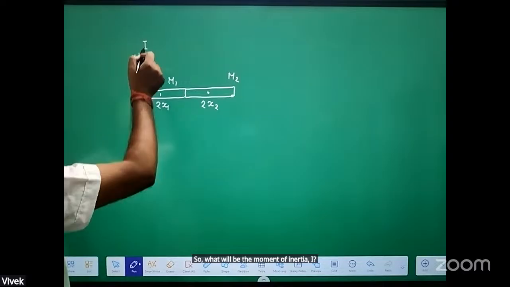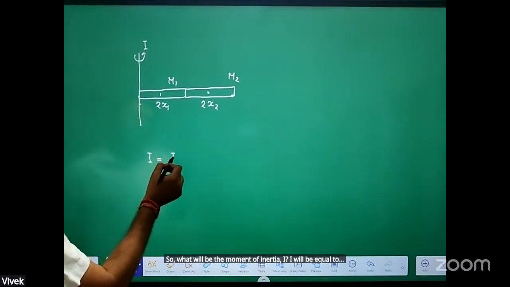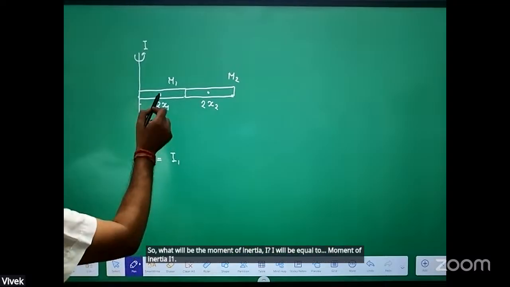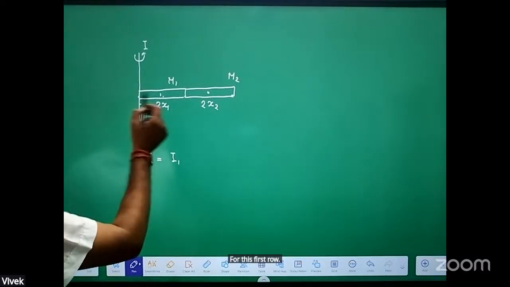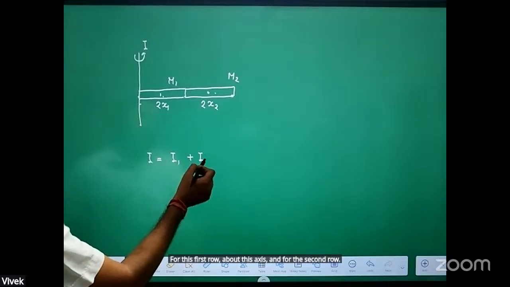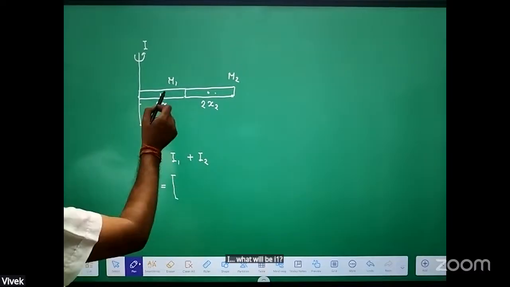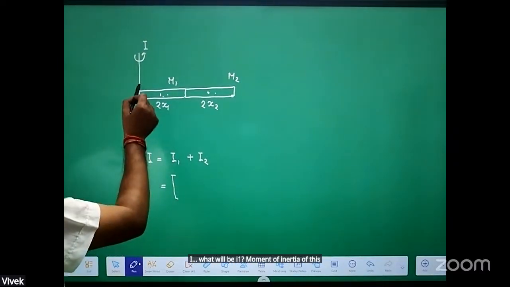So what will be the moment of inertia? I will be equal to the moment of inertia I1 for this first rod about this axis, and for the second rod I2. What will be I1? Moment of inertia of this first rod about this axis.